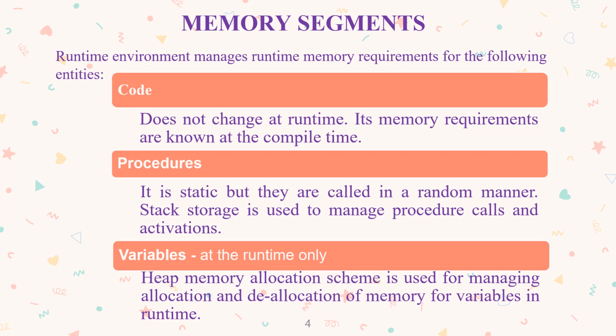Stack storage is used to manage procedure calls and activations. Variables: this entity works only at runtime. It supports the heap memory allocation scheme, which manages allocation and deallocation of memory for variables at runtime.